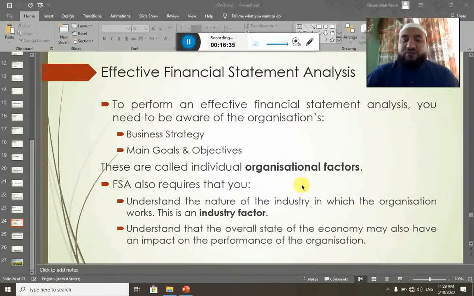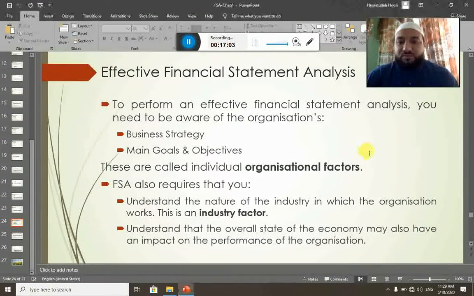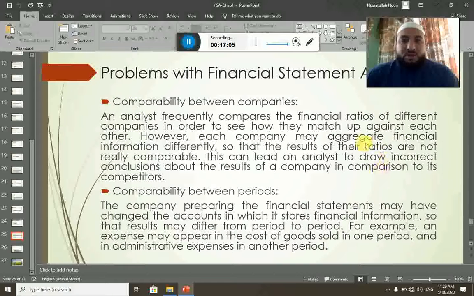So we have to be aware of the overall industry and overall economy, right? Before analyzing the financial statements and concluding and interpreting the results, and then commenting on a company's survival with respect to profitability, with respect to solvency, liquidity and stability. Okay.